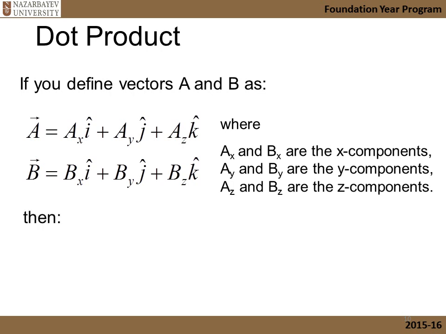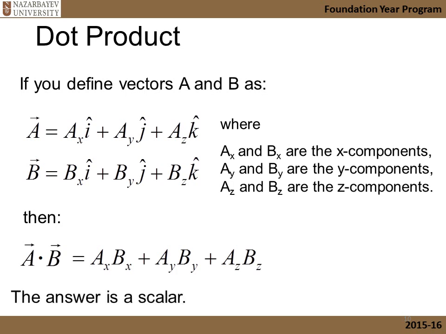We can calculate our dot product of the vectors a and b as the following. We take corresponding coefficients at i, which are ax and bx, and multiply them. Then we add the multiplication of corresponding coefficients at j, which are ay and by, and then plus corresponding coefficients at k, az times bz.